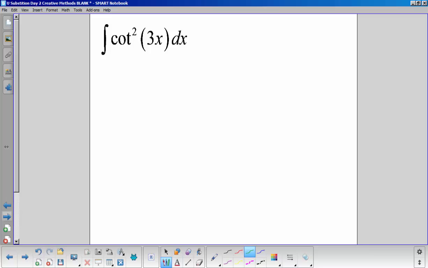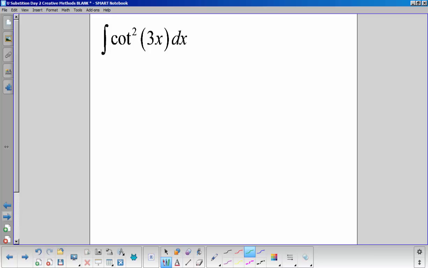What about cotangent squared 3x? If I went cosine squared 3x over sine squared 3x, I have a square in the top and a square in the bottom, so that won't work.